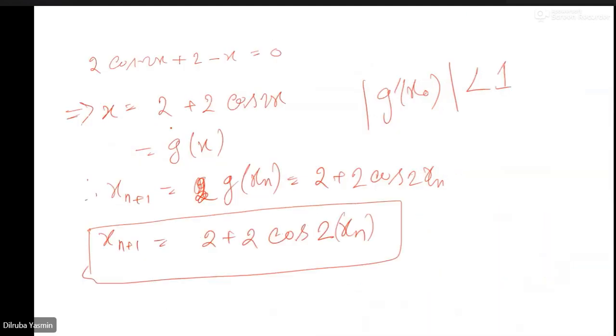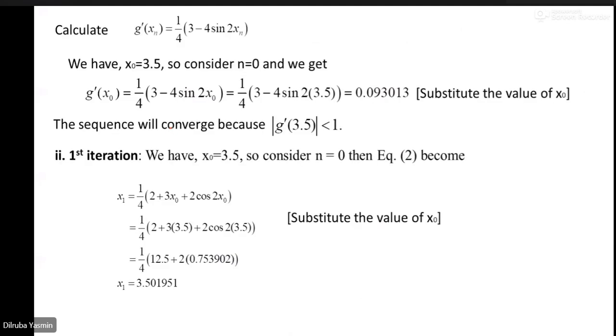When you find the iterative formula will converge, you do iteration based on the requirement of the examiner. If the examiner asks you to do one iteration, then you have to consider n equal to 0.